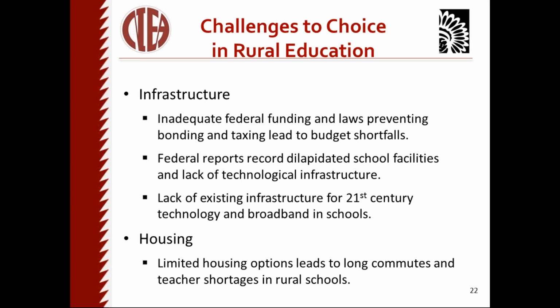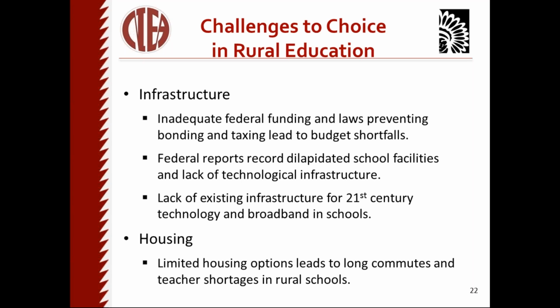Broadband is a really key issue. We've heard from one tribe that their broadband connection is so lacking that their students actually have to go about an hour and a half to take mandated tests that are required to be done electronically. This is something that we're talking about with the FCC, and we're looking at ways to increase the opportunities for schools in Indian country to have better access to broadband and telecom.